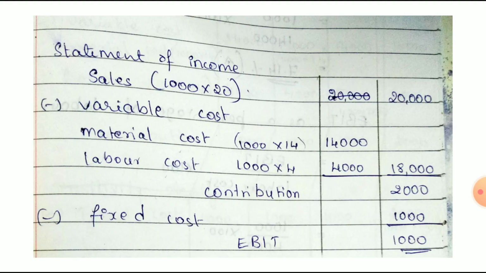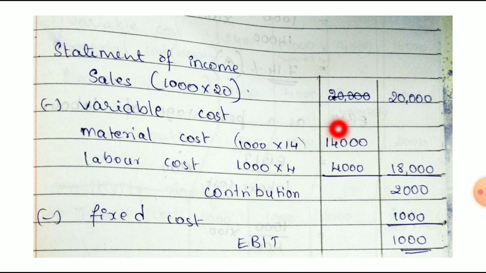So multiply with the units sold. So we'll get material cost 14,000, labor cost 4,000. So take a total of it. So variable cost is 18,000. So contribution, 20,000 minus 18,000, is 2,000. Less fixed cost is 1,000. So EBIT is 1,000.